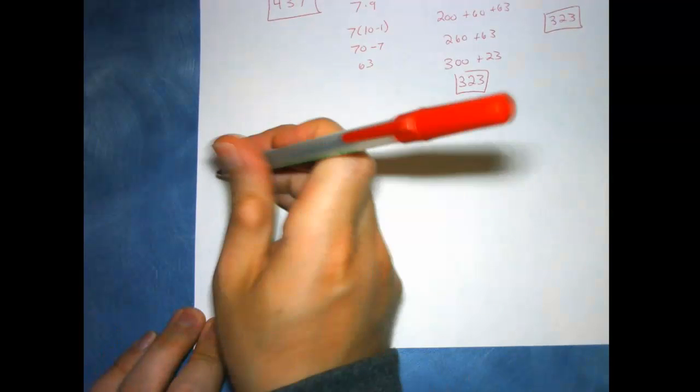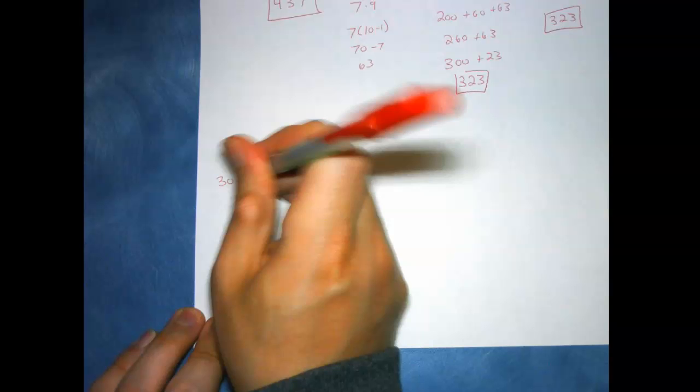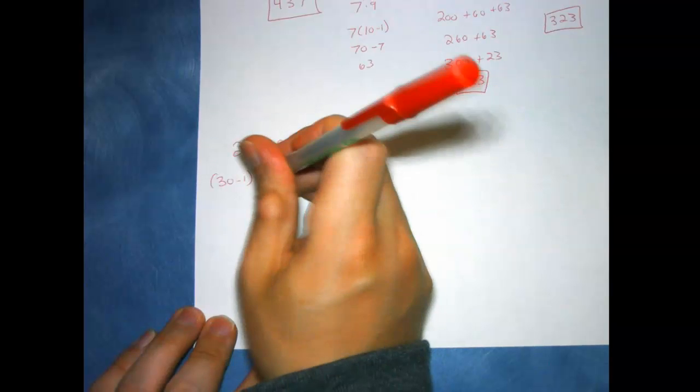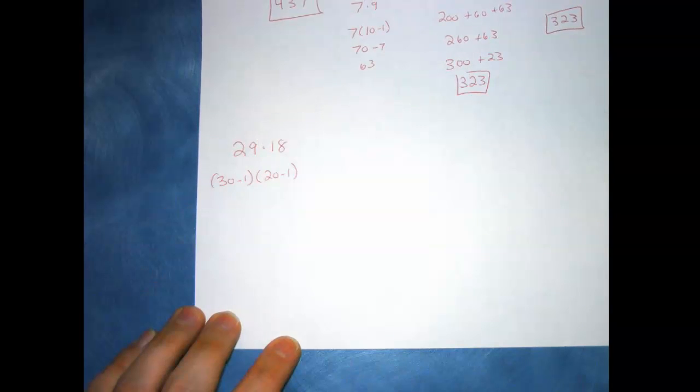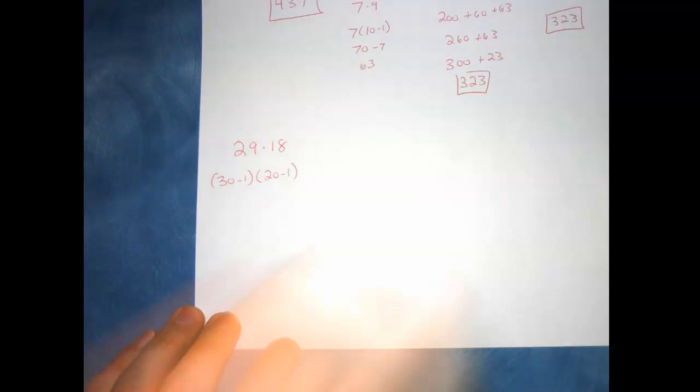Okay, welcome back. Okay, 29, I'm going to write it as 30 minus 1. And 18, I'll do as 20 minus 1. Again, could have done 20 plus 9 times 10 plus 8. Maybe I should make that a 2. Make that correct first.